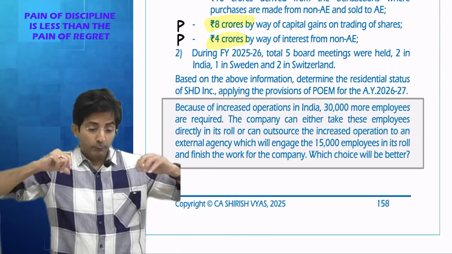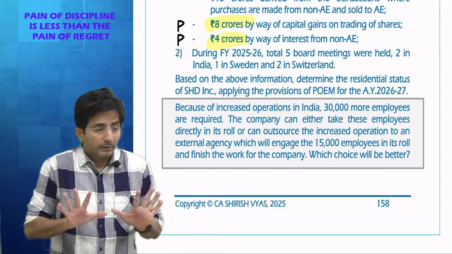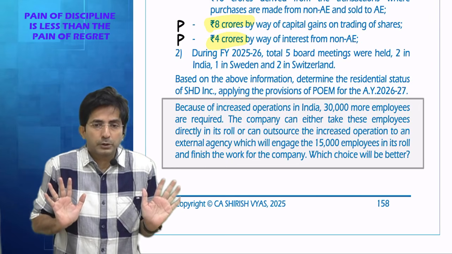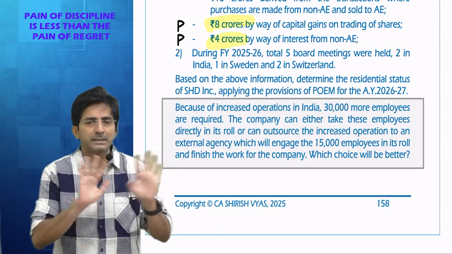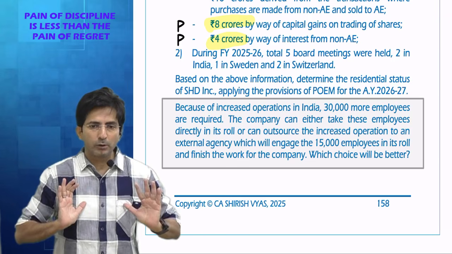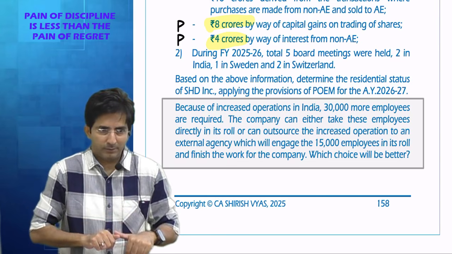See, if we have to handle that extra work, we will need 30,000 more employees on our payroll. But what is the other option? Accept the work, because no company will reject any work coming in a business. So the second option is, accept the work, but don't do it yourself.